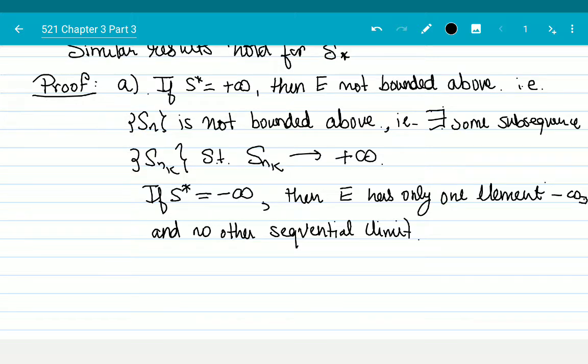Hence, what is the definition of it converging to negative infinity? For any real number m, do I even need to say this? E has only one element, and if it has only one element, then there is some subsequence converging to negative infinity.